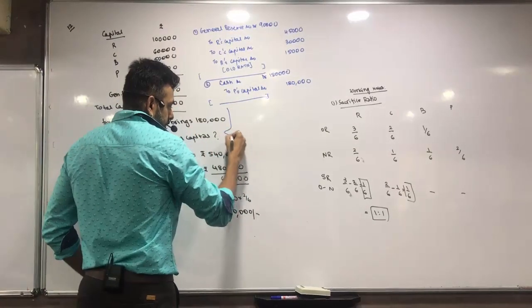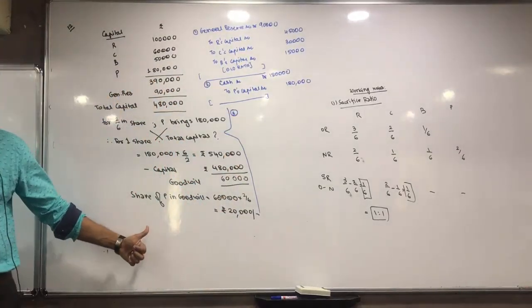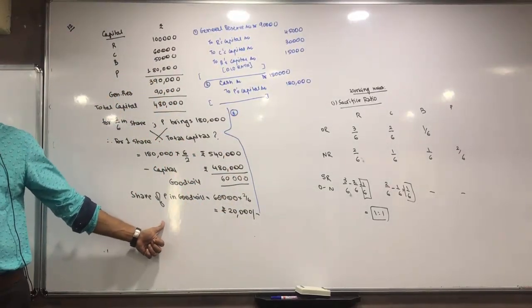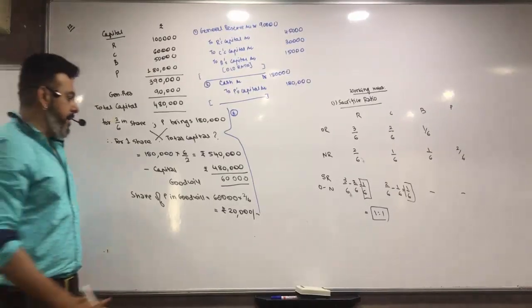Now the third entry will be for goodwill. The new partner is not able to bring his share of goodwill in cash, so we have to debit him.